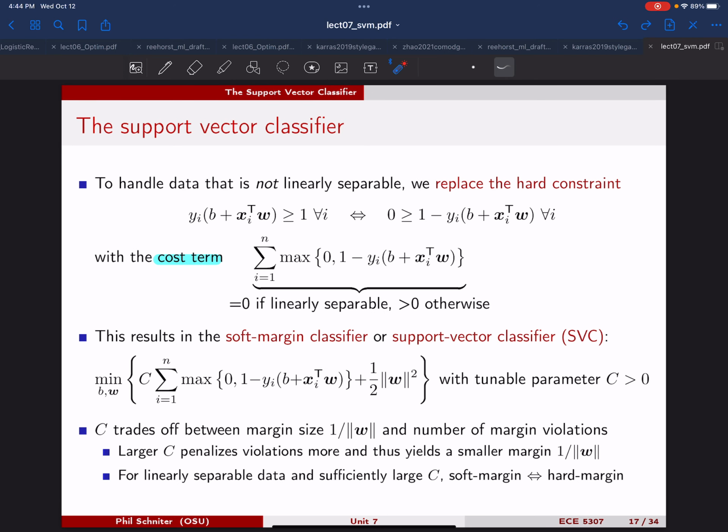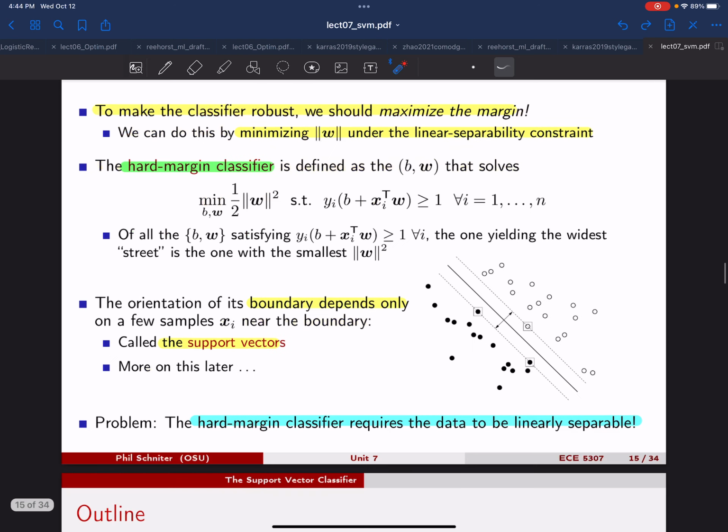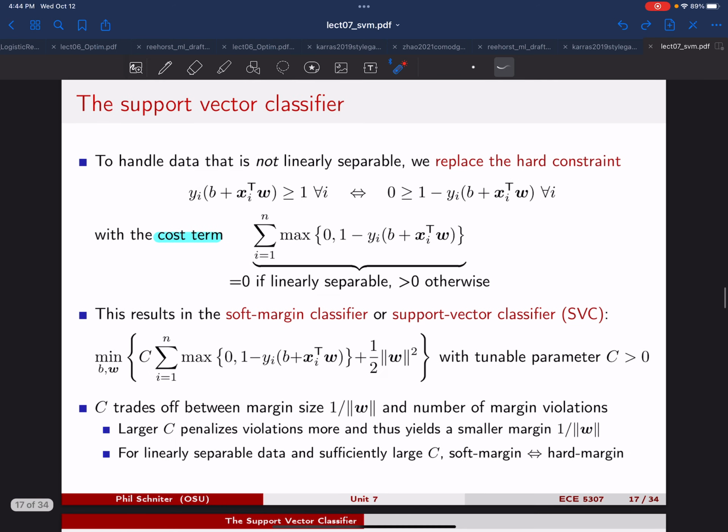So again, we're taking this idea, we're replacing this with another cost term that will add to this. So finally, we get the original cost plus this new term from above. And one other thing is we're going to scale this new term as a way of trading off between these two terms in the cost.